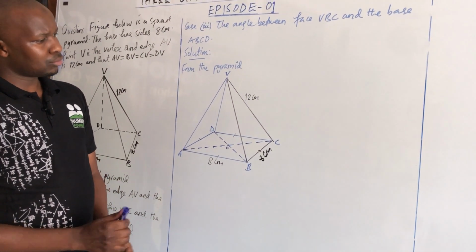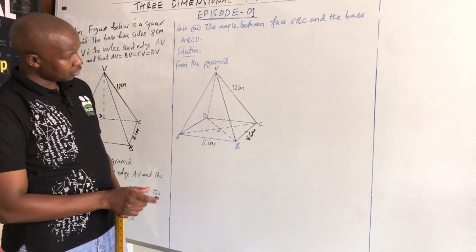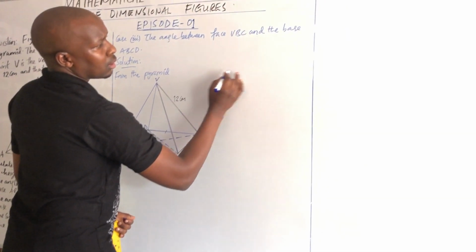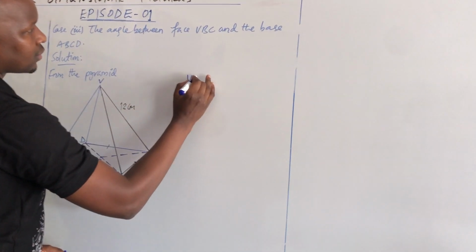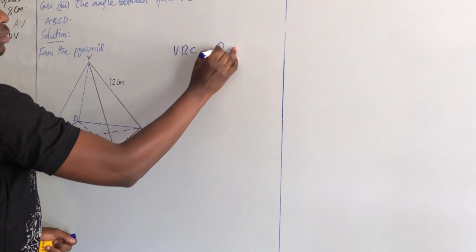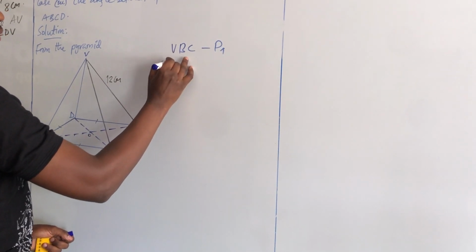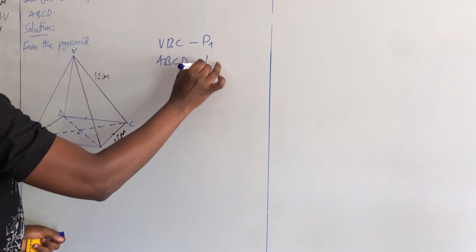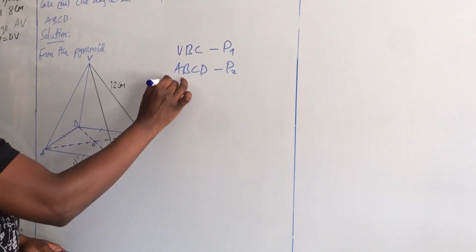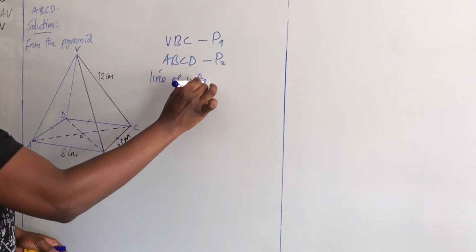So the first thing we need, to develop the angle, is to see where the angle is formed. By our solving strategy, we write the two planes. Maybe this is plane 1, and plane 2 is ABCD. Now we form the line of intersection between the two planes.